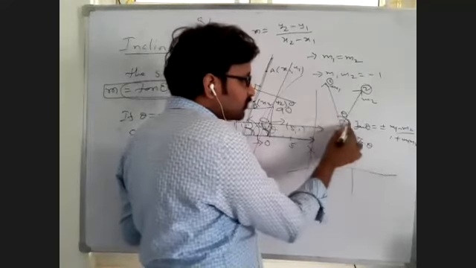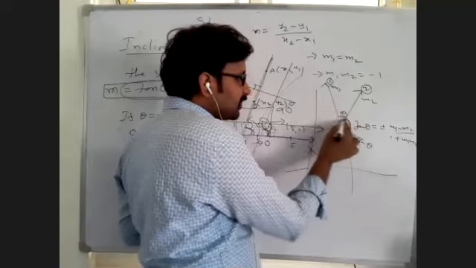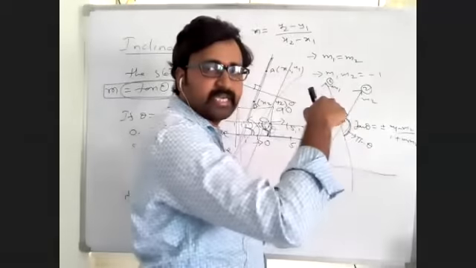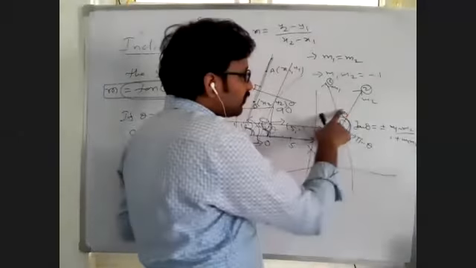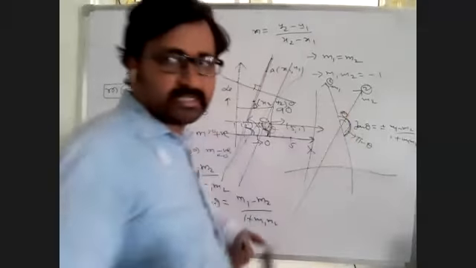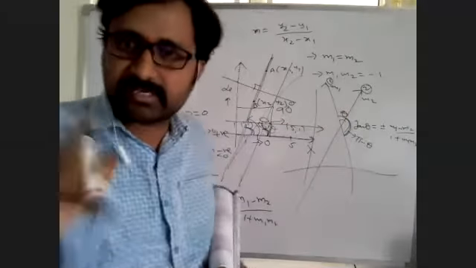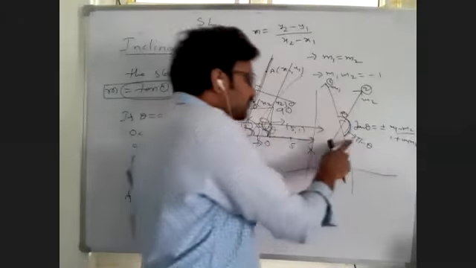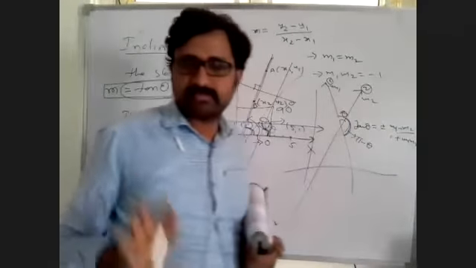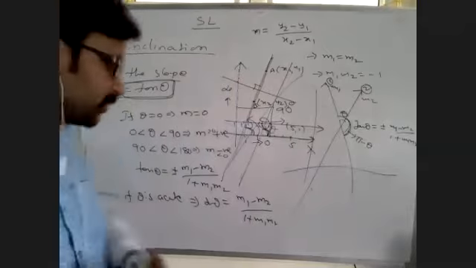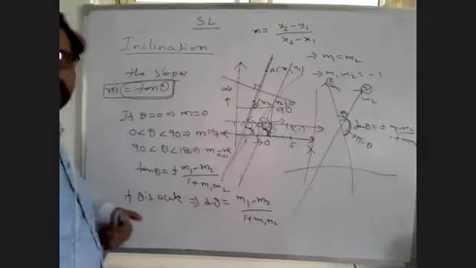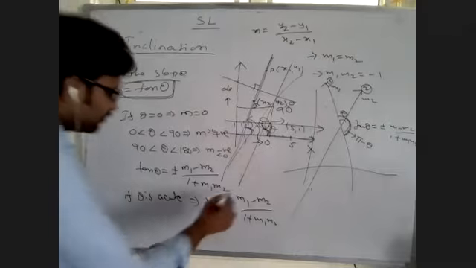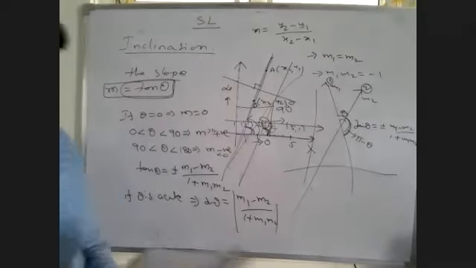Because the total angle is 180, so this is nothing but 180 minus the remaining angle theta. From these two, what we always have to consider is whichever is acute, that is the required angle. So if this is acute, we should find this. That's why remember acute angle is important. For acute angle, tan theta is equal to mod of (m1 minus m2) by (1 plus m1 m2).